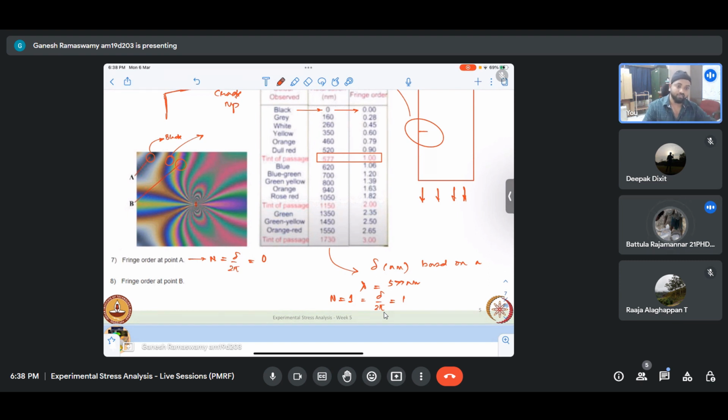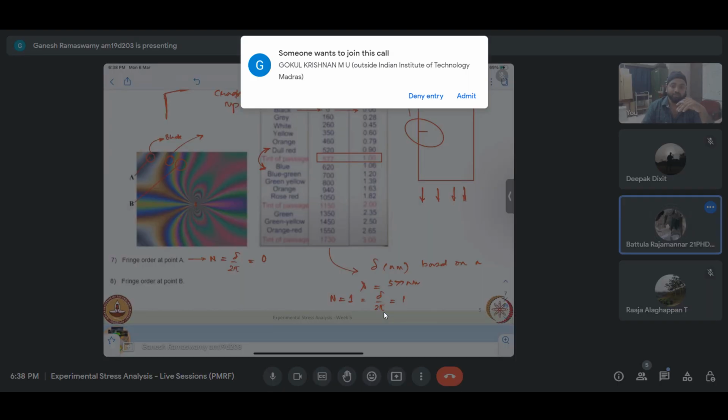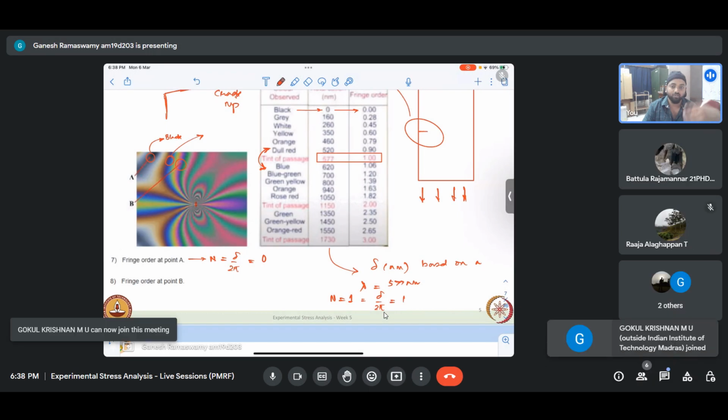Tint of passage essentially is not a color, but it gives you a relation between the lesser and the greater one. Wherever the color passes from dull red to blue, that passage indicates a fringe order of 1.